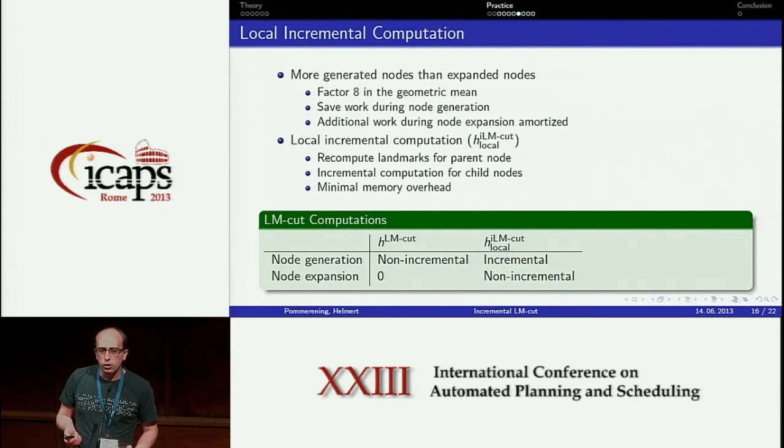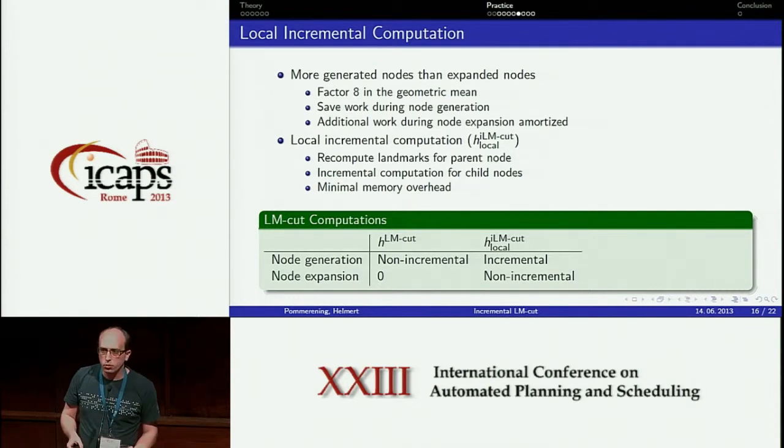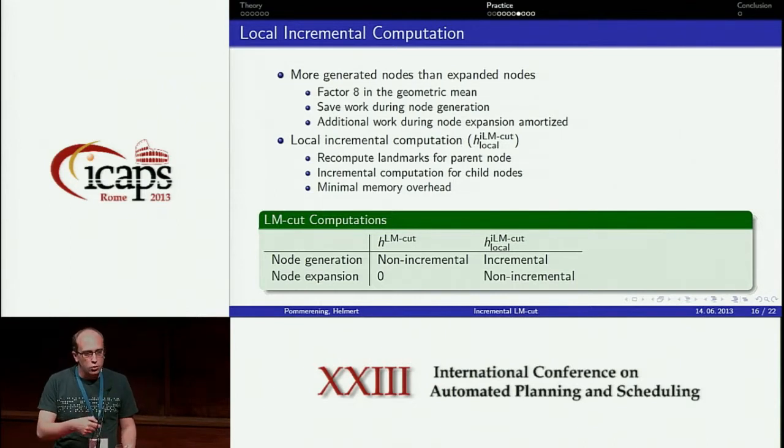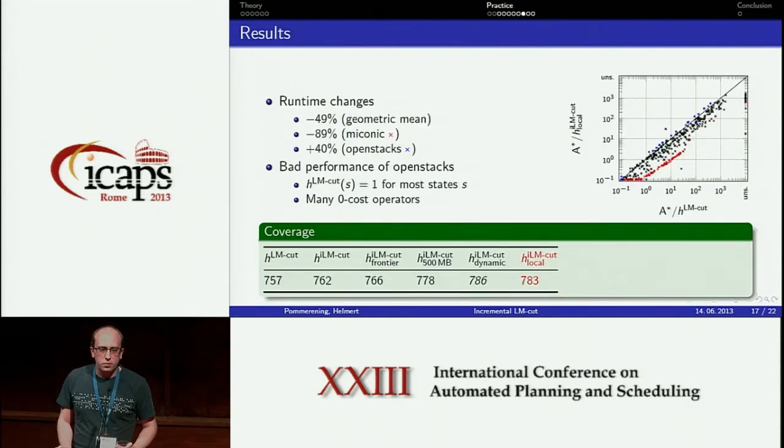With the local incremental computation, we also have one non-incremental computation, but only one for each expanded node, so this happens much less than the generation. And for the generation, we have an incremental computation, which is much faster. So overall, this pays off.